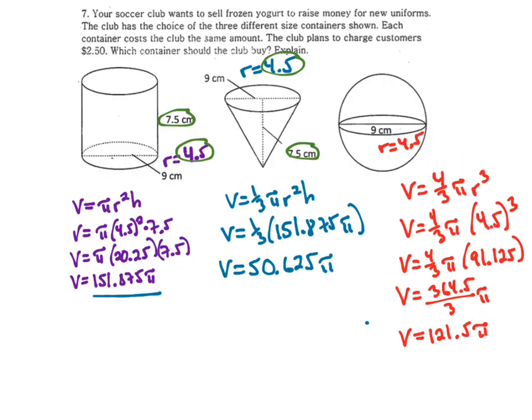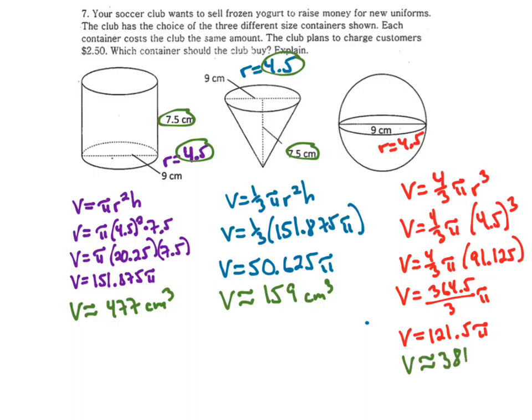Remember, you've just got to use math reasoning. Okay? I need to know that you know which volume is the greatest. You could have multiplied this out by pi if you want, and you would end up getting these numbers: 477 centimeters cubed, 159 centimeters cubed, and 381.5 centimeters cubed.